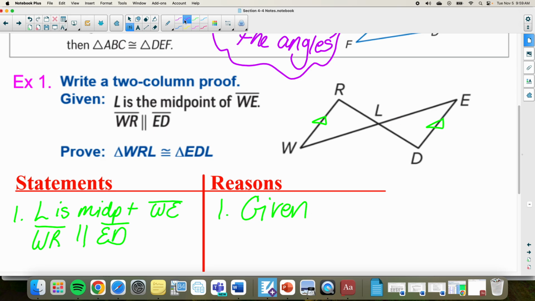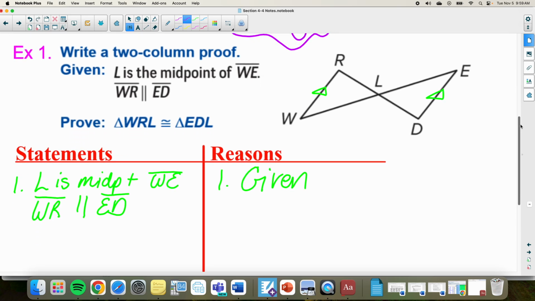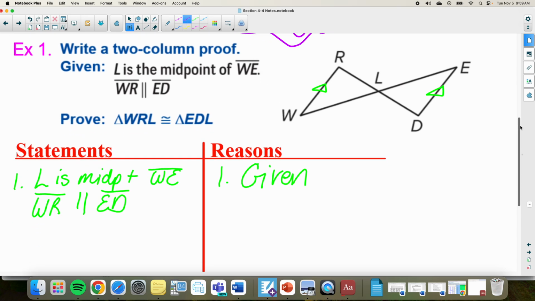Now, do you guys remember me saying last week that if you have a midpoint, you're always going to use midpoint theorem, okay? So what they're saying here is L is the midpoint of WE right here. What that tells us then is those two pieces are equal.